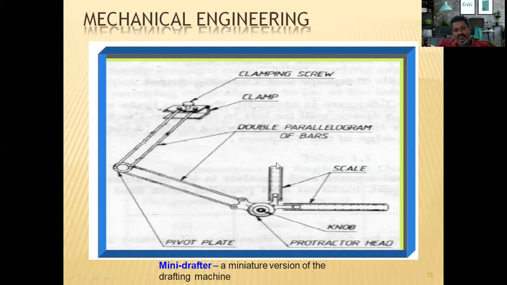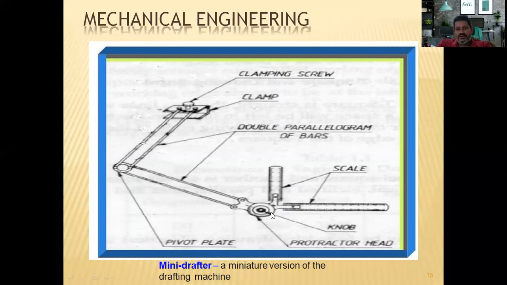Horizontal and vertical lines can be drawn using these two scales, which are connected to the protractor head, and at the middle of this we have a knob. When we fix this knob at any desired position, we can fix these two scales. After rotating to the desired angle, this will be fixed and the knob will be tightened.